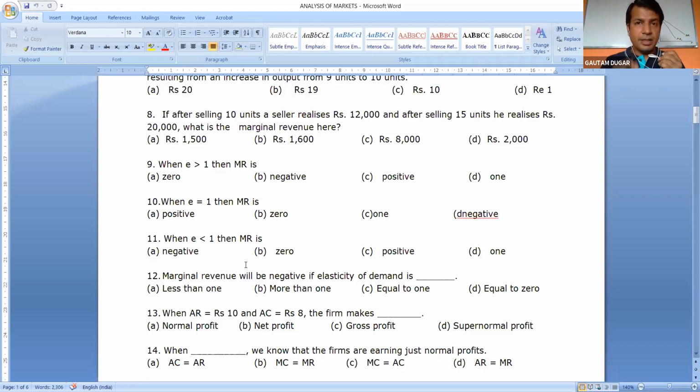Because here in question number 8, for 10 units you have realized 12,000, and for 15 units you have realized 20,000. So delta TR by delta quantity. Change in TR is 8,000. Change in quantity is 5. 1600 is the answer. Here the answer will not be 8,000. Many of you have marked C, but C is not the answer. So the answer would be 1600.